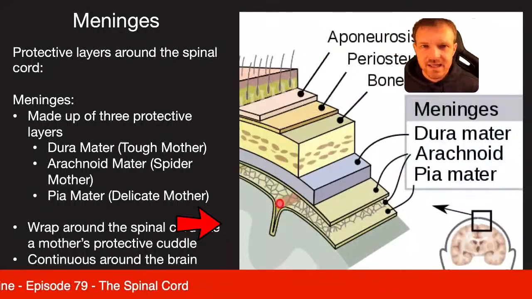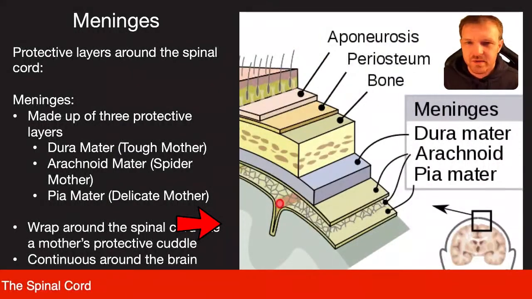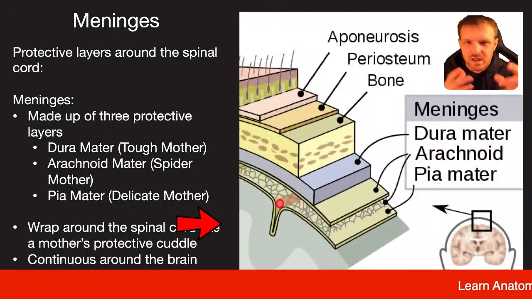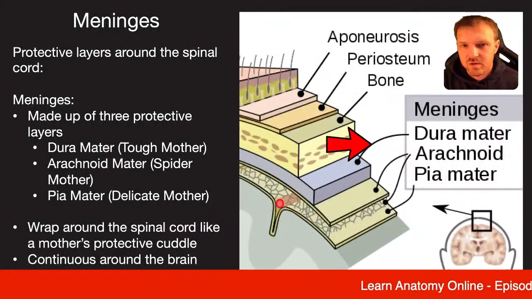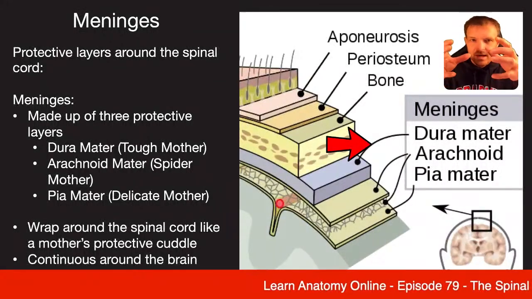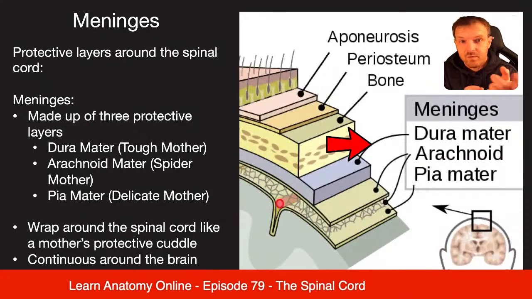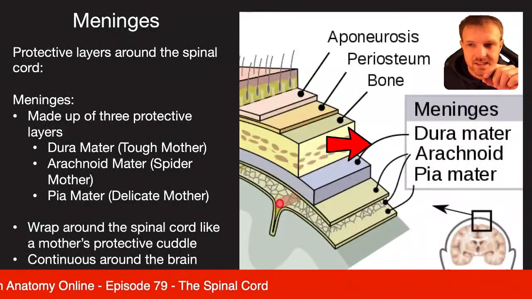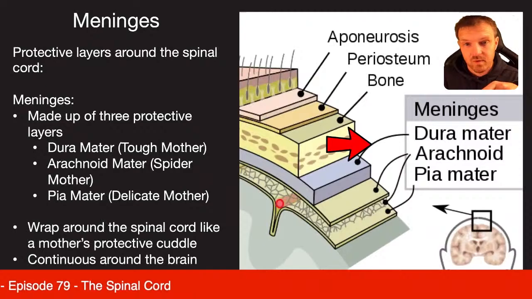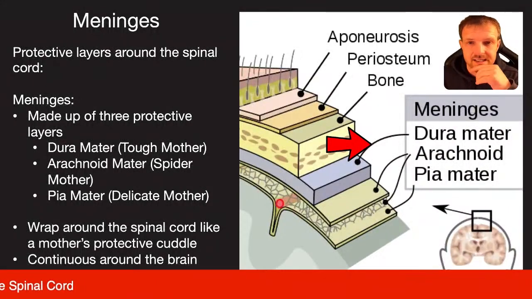So this is something that you probably have heard before, and might not have put two and two together. We've got something that wraps around your spinal cord, and there are several layers that wrap around, and it's all connective tissue, and we'll have a look at it in a second.